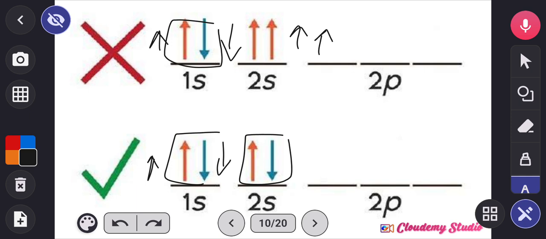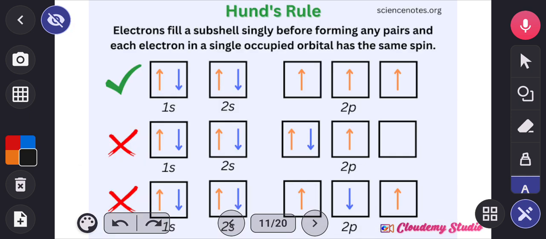What about Hund's rule? It says that in arrangement of electrons inside an orbital, you have to arrange singly before forming any pairs. You see that for this one, they arrange everything singly first, and it is marked in an orange color.